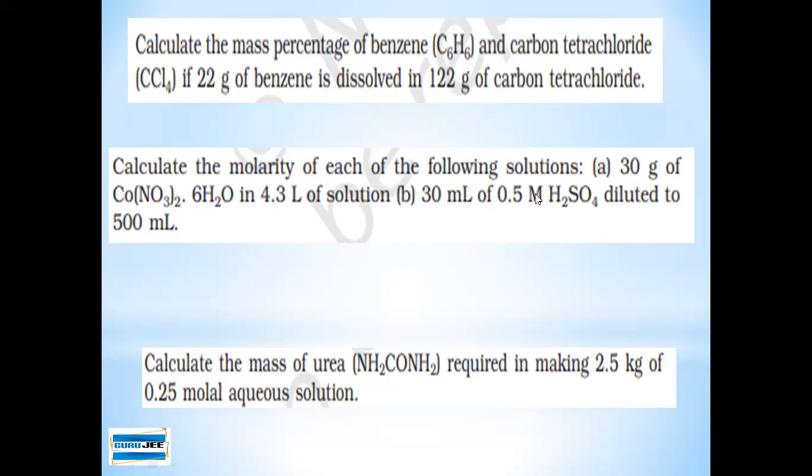There are two sub questions: 30 gram of cobalt nitrate in 4.3 liter, and the second, 30 ml of 0.5 molar H2SO4 diluted in 500 ml.